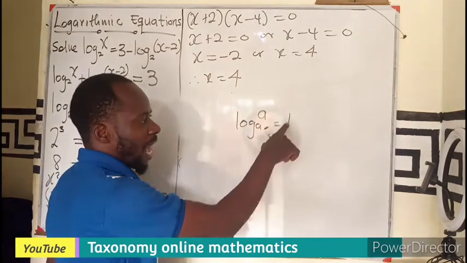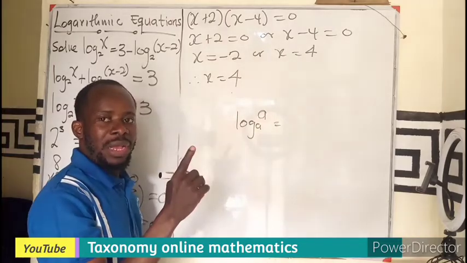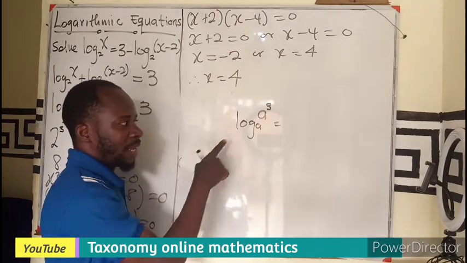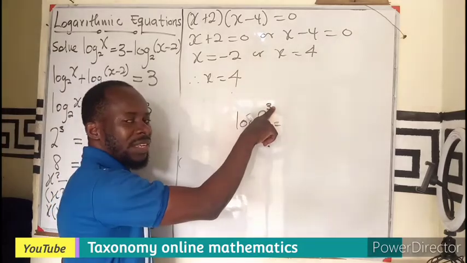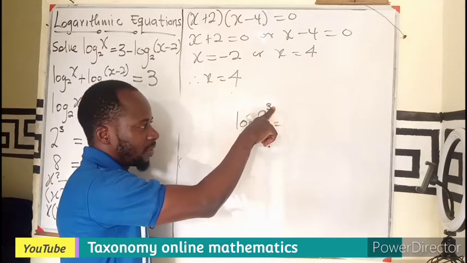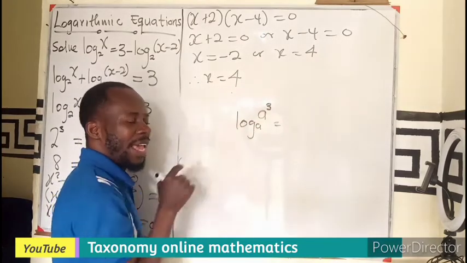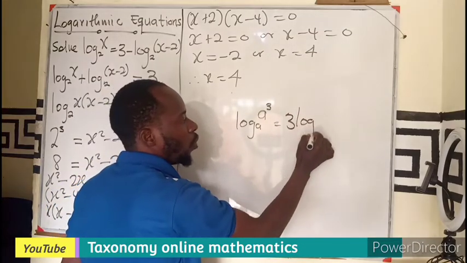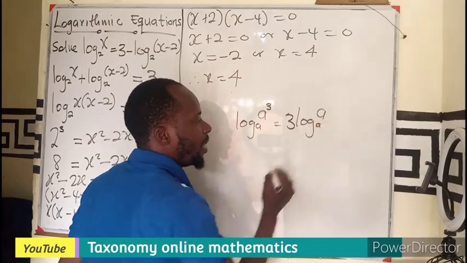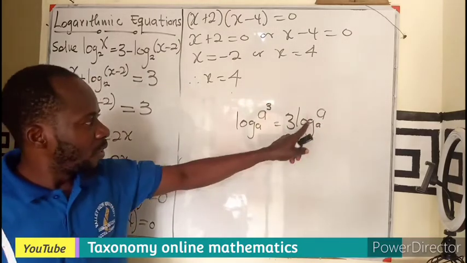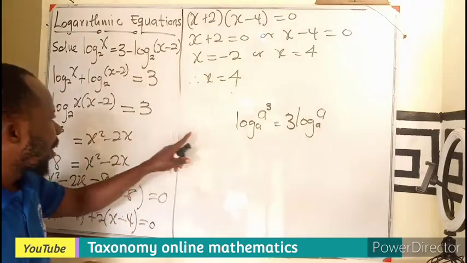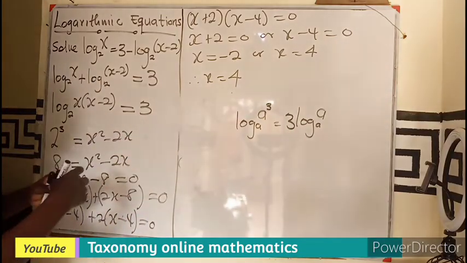And we also have the power rule, meaning if I have log a exponent 3 over a, I can still write this as 3 log a base a. And you can see that log a base a will cancel to give you only what? 3. So I can do same from this expression.